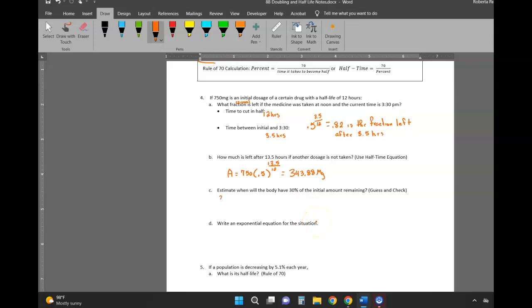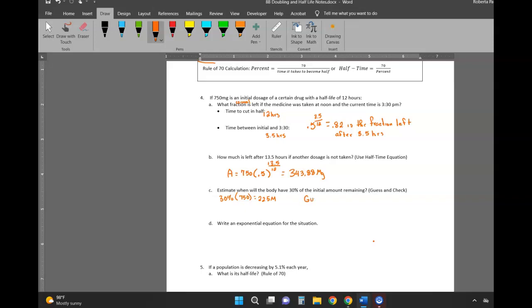So 30% of our 750 is going to give us 225 milligrams, so we're looking for when we're going to get 225. It's got to go longer than 13.5 hours because at 13.5 hours we still have 343, and we need to have less than that. So we've got to go longer.